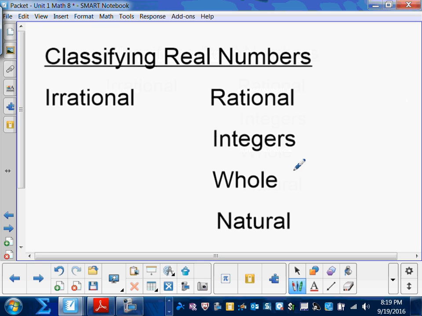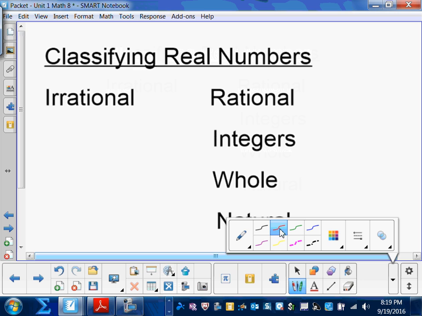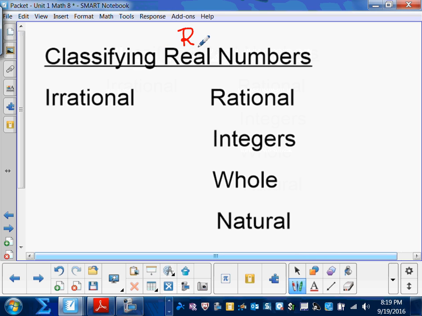So today we're going to classify them, and we're going to use a letter to represent each classification instead of writing out the word. So instead of writing the word real, we're going to write the capital R. And instead of writing irrational, we're going to write the capital I. Now for rational, it begins with an R, but we've already used the R for real.